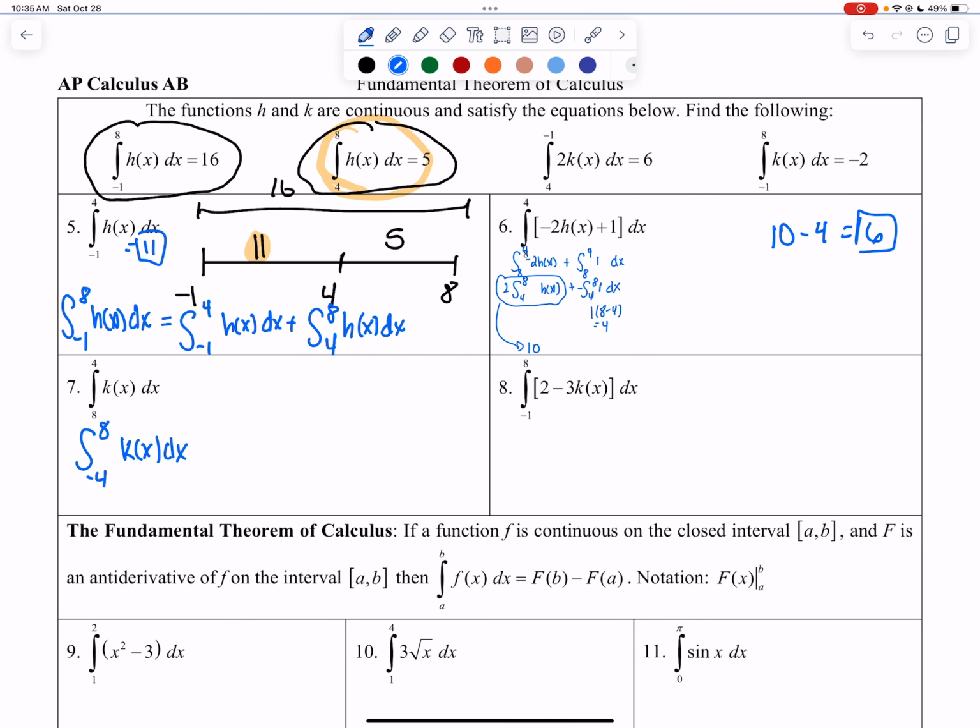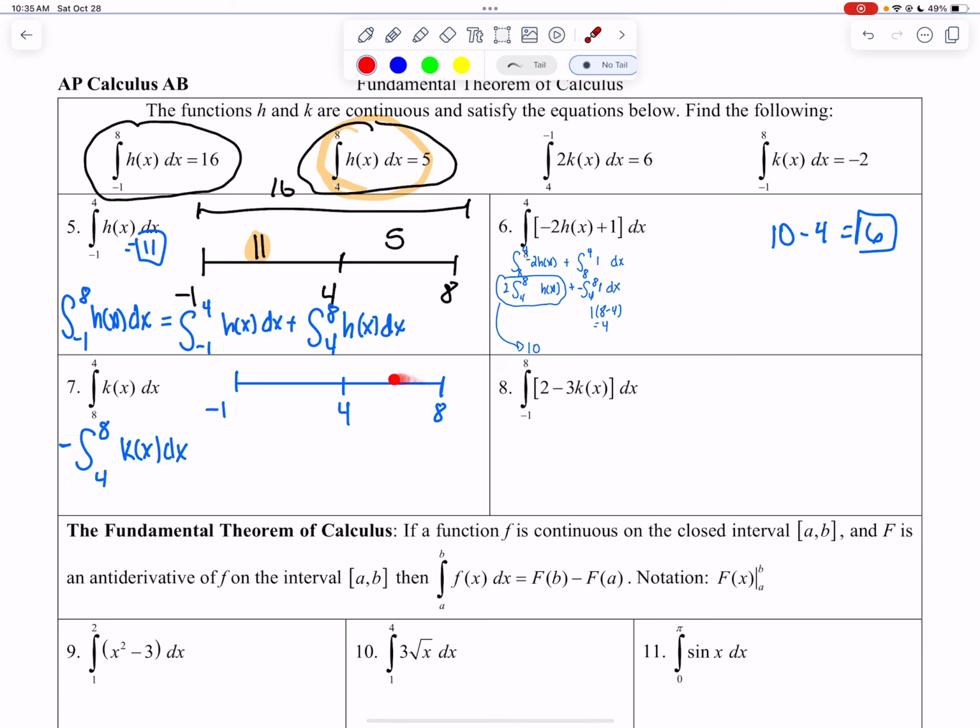Once again, we could probably figure that out in terms of what I know so far here. So I have -1 to 8. And then I have, that should not be a -4. That should be a 4. This should be a negative right here. And then I have -1 to 4, and then 4 to 8.